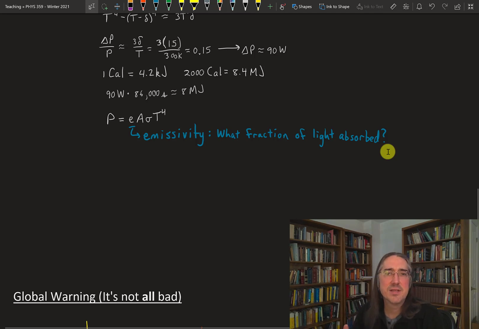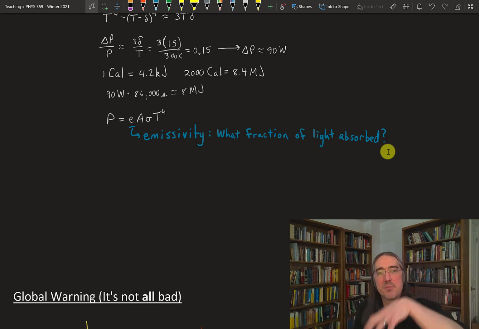And as I already hinted, this depends on the wavelengths or frequencies of radiation that you care about. Again, I say light all the time, but in most of our contexts, we're really talking about far infrared or microwaves, not visible light. Okay, so if I set an object out, I shine a certain power on it, the fraction of that power it absorbs is its emissivity.